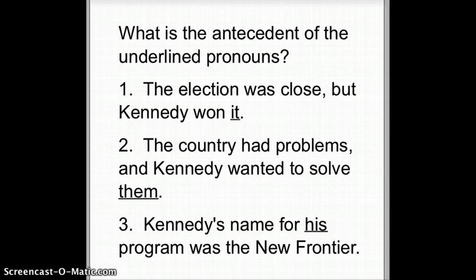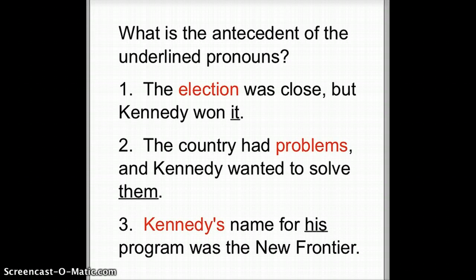So them is the pronoun. What is its antecedent? What is them referring to? Number 3, Kennedy's name for his program was the New Frontier. His is the pronoun. So what is the antecedent that his is referring to?